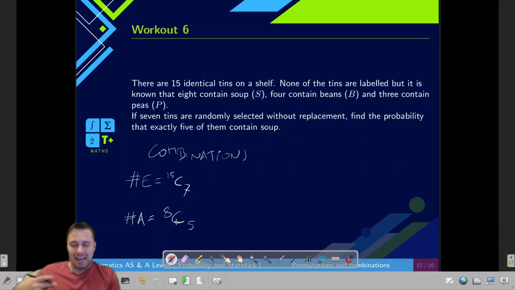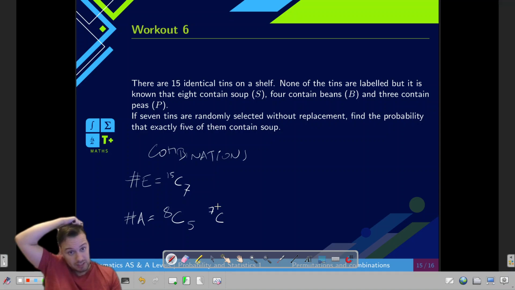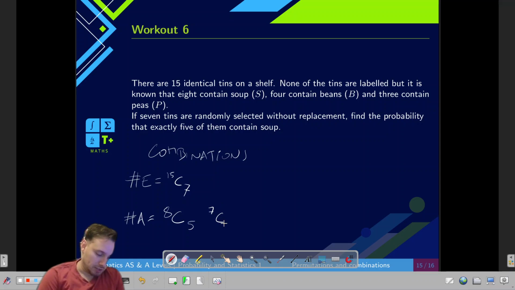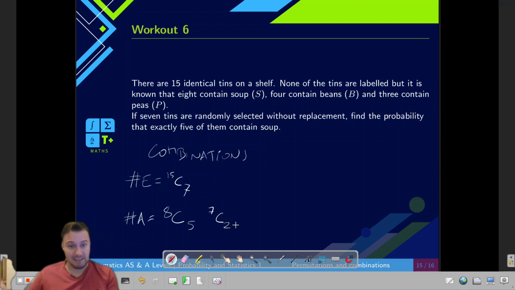So I need to consider all of that. If I'm not considering the 8 cans that have soup, I have 7 remaining cans, those 4 that have beans and the 3 that contain peas. And I have 2 remaining cans that I'm choosing from, because in total I'm choosing 7. So if I'm choosing 5 that have soup, then I have 2 that will not have soup.